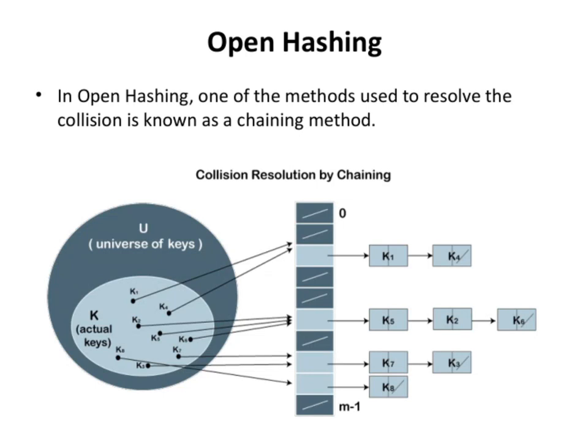In open hashing, one of the common methods used to resolve collisions is called the chaining method. Essentially, when 2 or more keys hash to the same slot, instead of trying to find an empty space elsewhere, we keep all those colliding elements linked together in a chain. This chain is often implemented as a linked list, where each node contains the data and a reference to the next node.